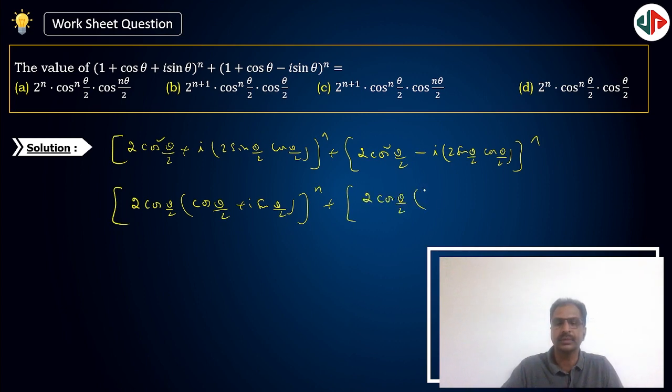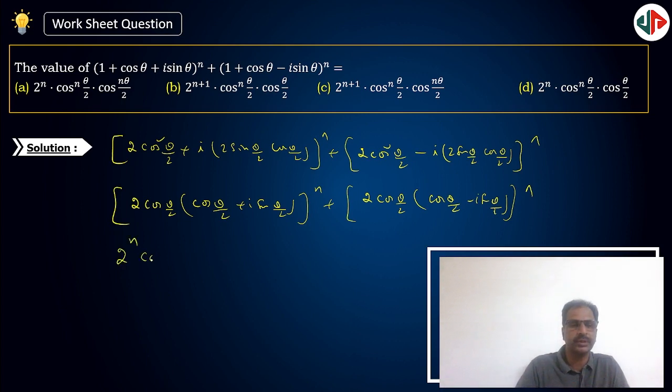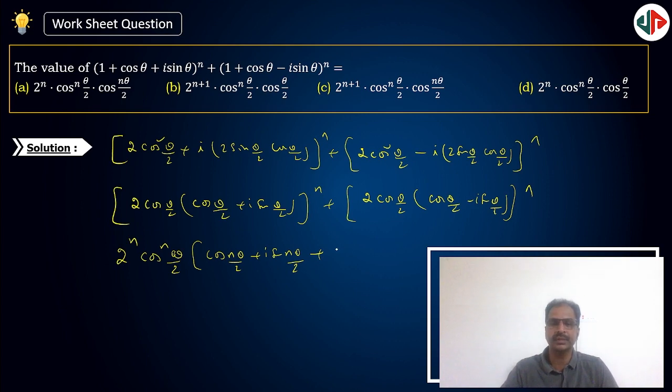Again 2 cos theta by 2 is common. So what is common in both the terms? 2 power n is common, cos power n theta by 2 is common. From De Moivre's theorem, (cos theta + i sin theta) whole power n is cos n theta + i sin n theta. Similarly, (cos theta - i sin theta) whole power n will be cos n theta - i sin n theta.